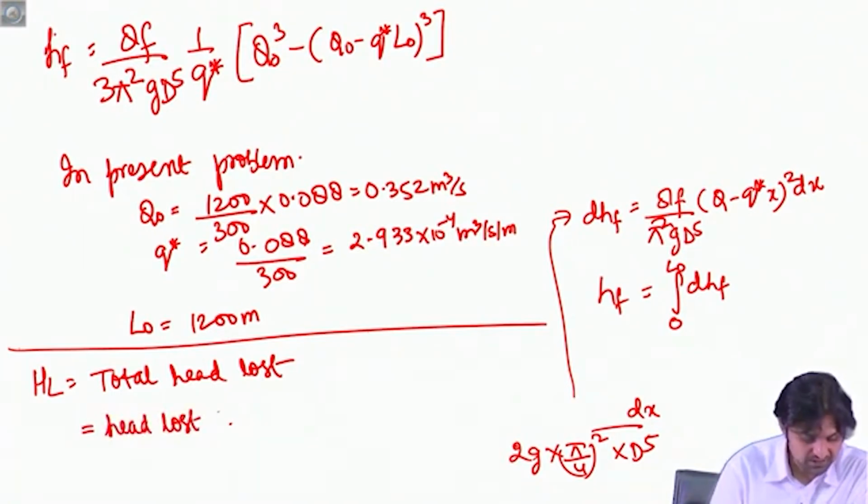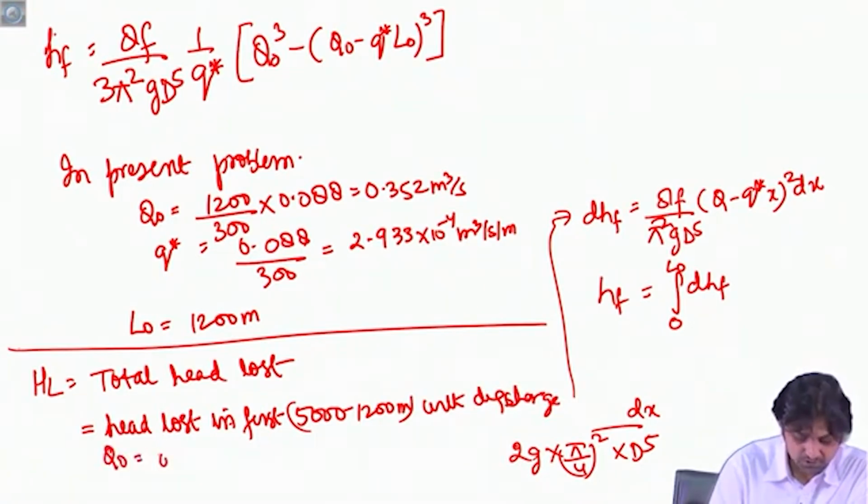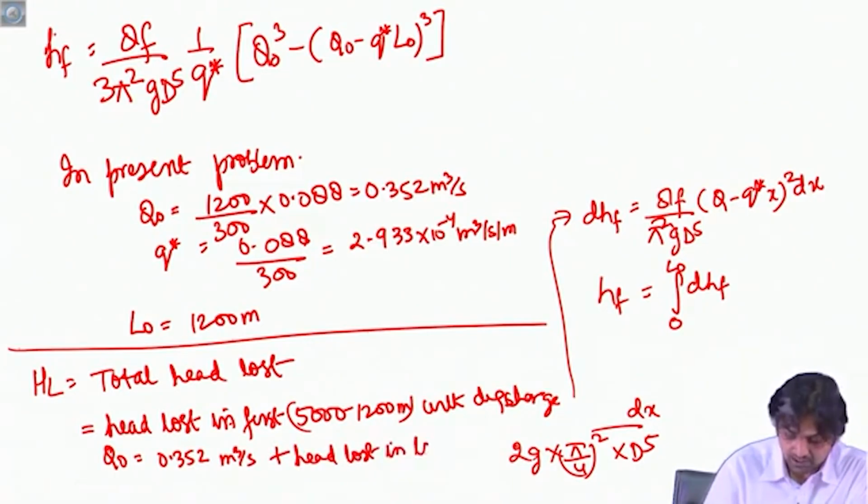So head lost in first 5000 meter with discharge Q naught is equal to 0.352 meter cube per second, plus head lost in last 1200 with uniform withdrawal.